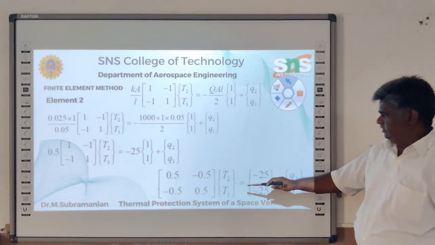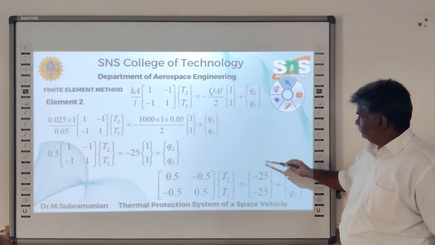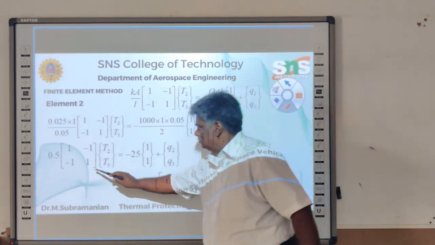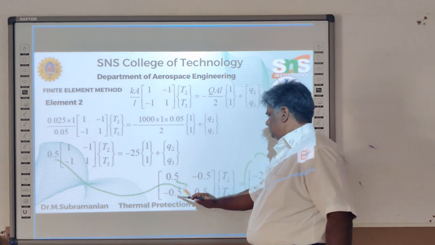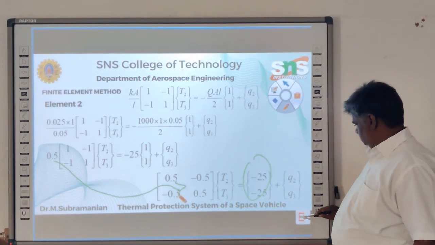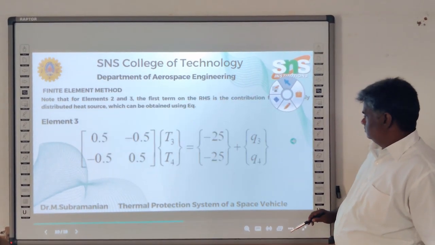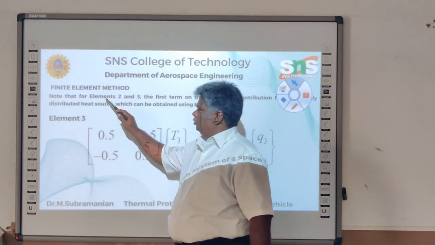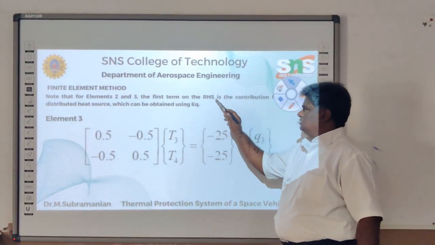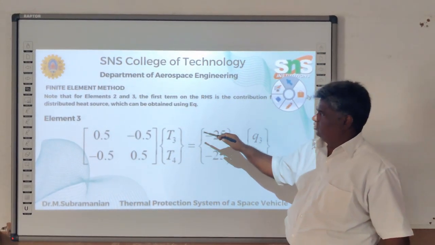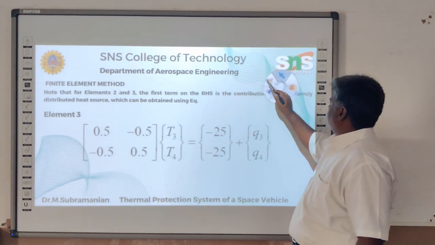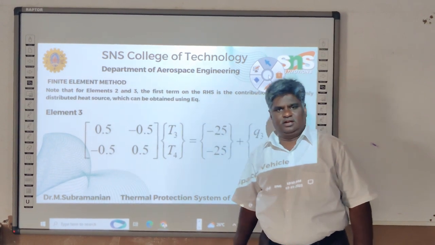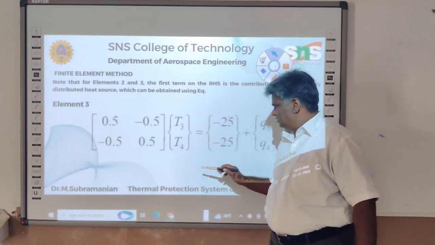So, rewriting this equation. Then for element 3, note that for elements 2 and 3, the first term on the right-hand side is the contribution of the uniformly distributed heat source, which gives the equation for element 3 also.